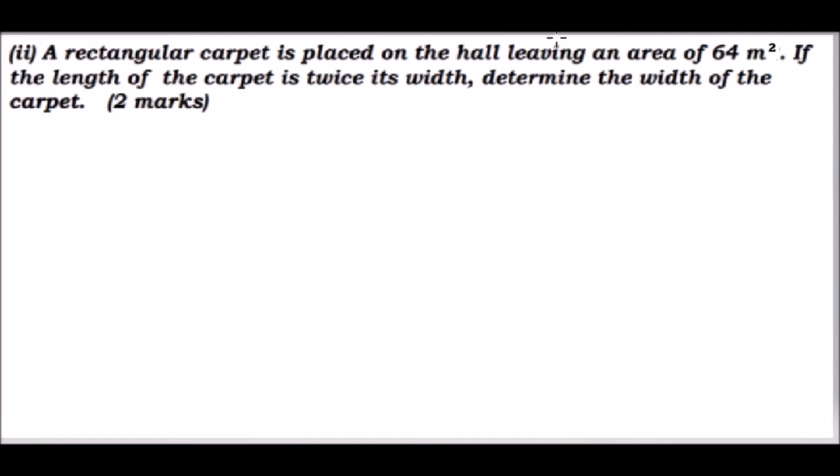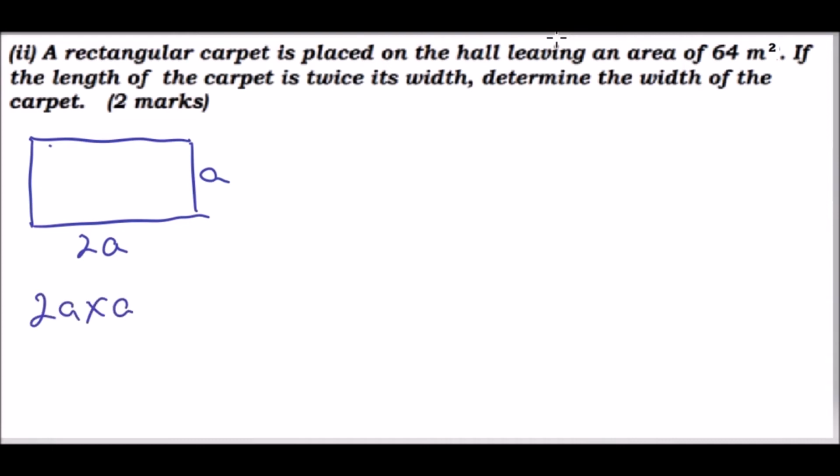If this is the carpet, then we can say that is our width, let's call it A. Since the length is twice, it is 2A. Therefore, to get the area, it is 2A multiplied by A is equal to the area of the floor, which was 136, minus the area that was left, which is 64.